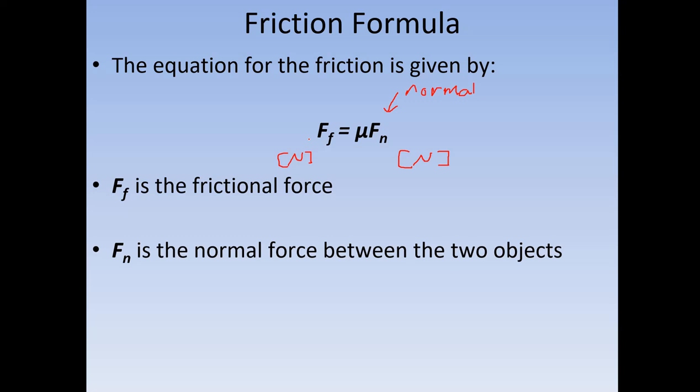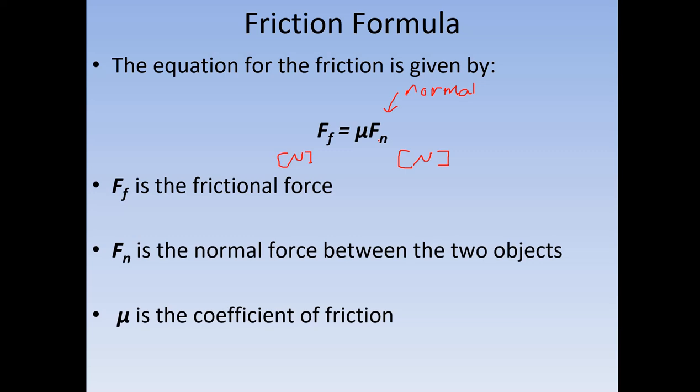This mu term is what we call the coefficient of friction. A little bit about that in a second, but I just want to clarify. The reason why Fn is in here is because, going back to the whole idea about the bumps being interlocked with each other, if you have two surfaces that are really, really tightly connected and pushed together, they're going to feel a lot more friction than if they were just slightly touching each other.